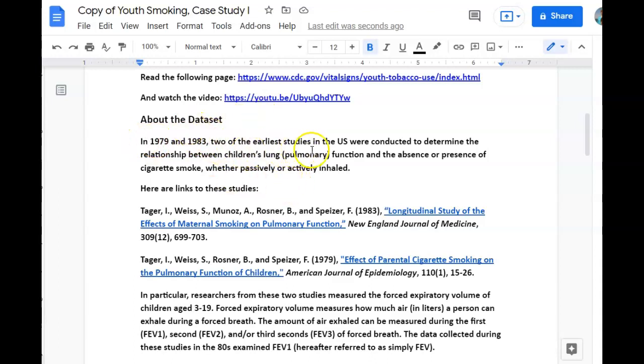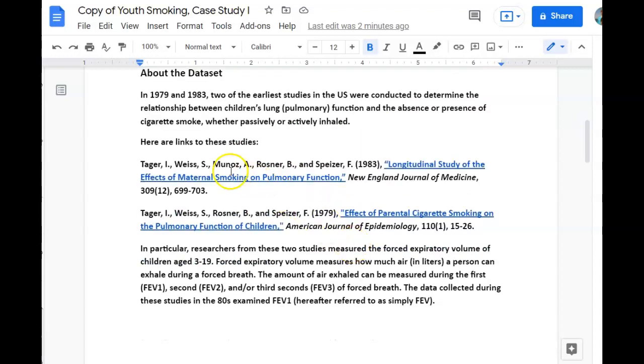So there were 2 studies performed in 1979 and 1983 to determine the relationship between children's lung function and the absence or presence of cigarette smoke, whether passively or actively inhaled. So that means they could have been in a household where the parents smoked or somebody else smoked, or the children themselves were smoking. So here are links to these 2 studies.